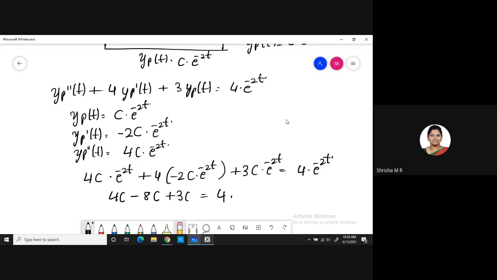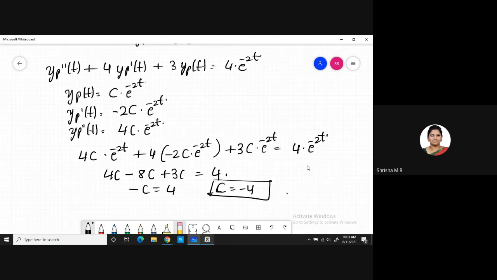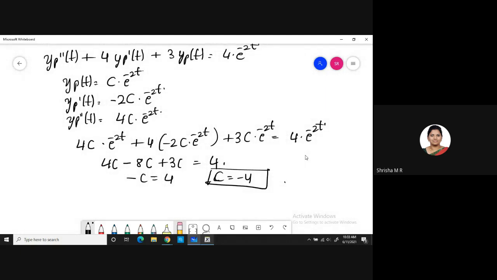So you get minus c is equal to 4, or c is equal to minus 4. Got it? Is it clear? So what is yp of t? It is c into e power minus 2t. So c is minus 4, so yp of t is minus 4 into e power minus 2t. Got it, everyone? Clear?